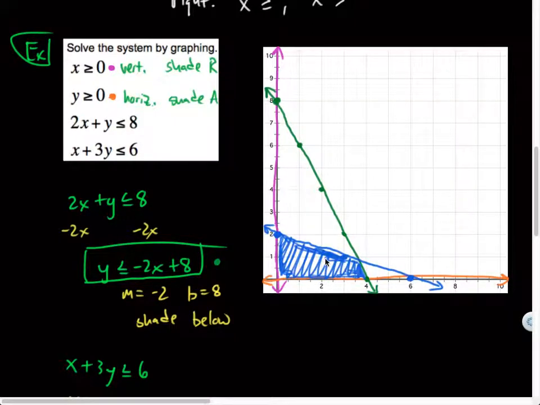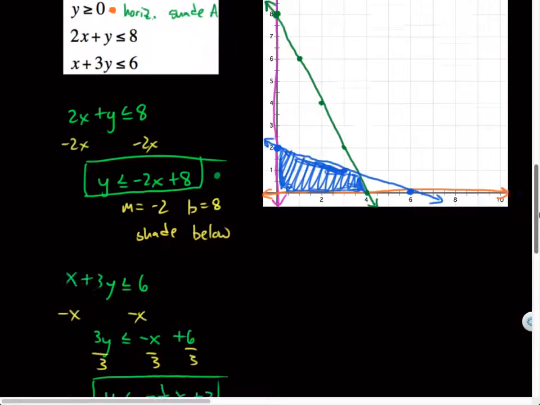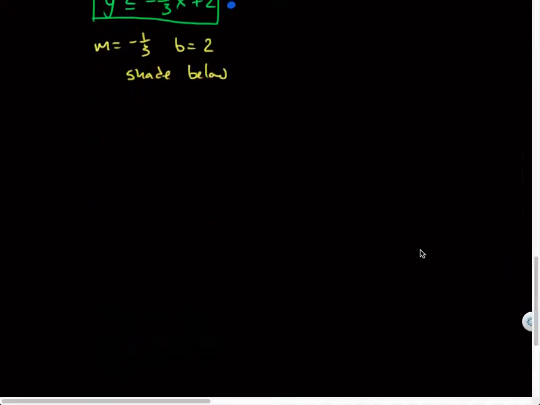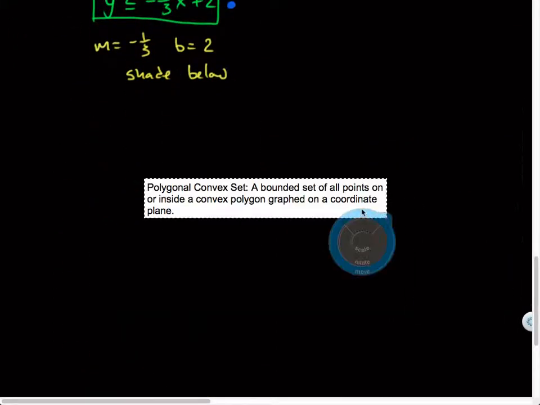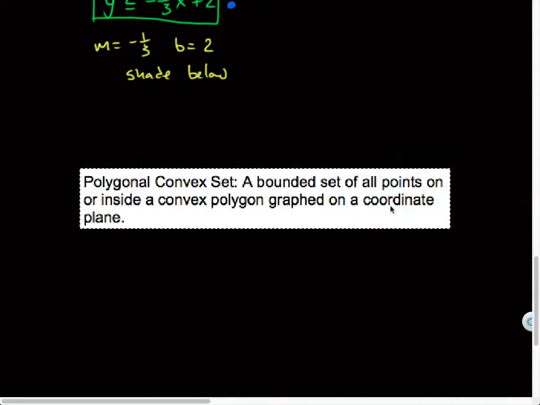shaded region here. Now, when you have a shaded area like that, composed of different boundaries, so to speak. Some of these boundaries could have been dotted lines and stuff. There's actually a name for that. It is called, it's a crazy name, a polygonal convex set.